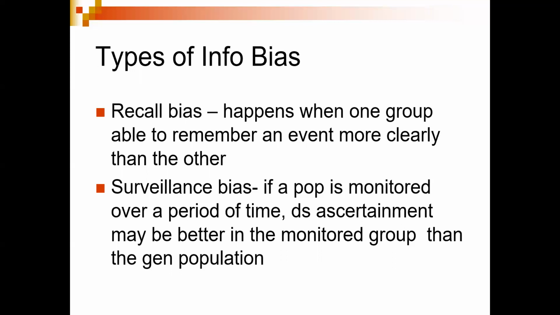Then surveillance bias: if a population is monitored over a period of time, disease ascertainment may be better in the monitored group than in the general population. People who are monitored because they're at risk have a higher chance of being diagnosed with a disease than those who are not monitored.